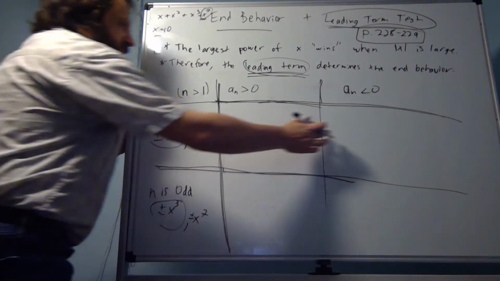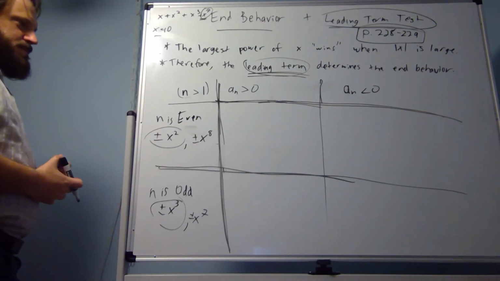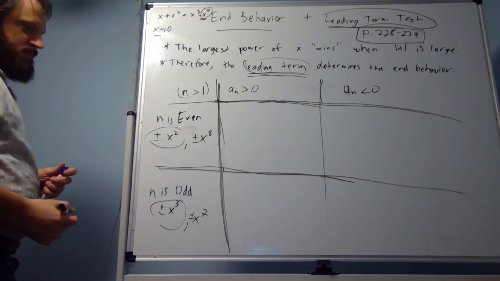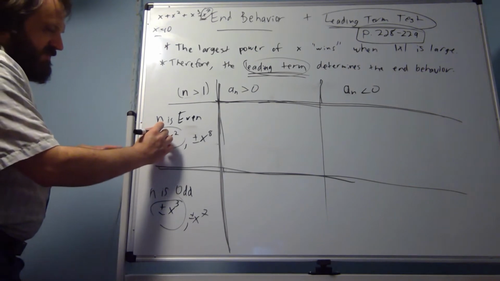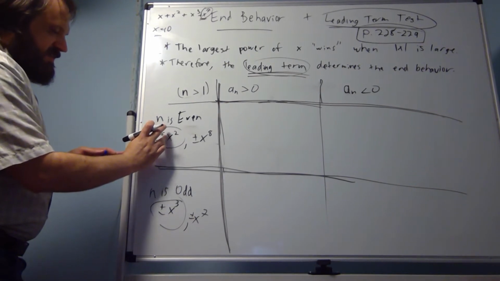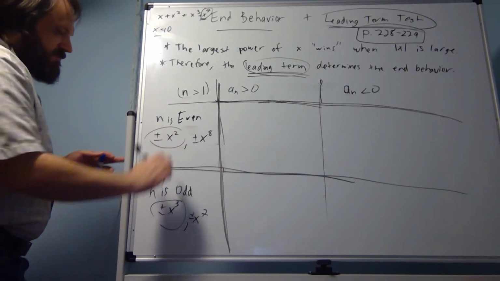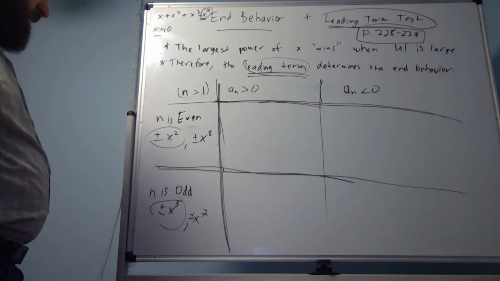So there are two different cases to consider, because the exponent being even or odd makes a big difference. It's a big deal. And then the coefficient being positive or negative makes a big deal too. This could even be a 5x squared. But what do we need to know? We need to know, is the degree even or odd?